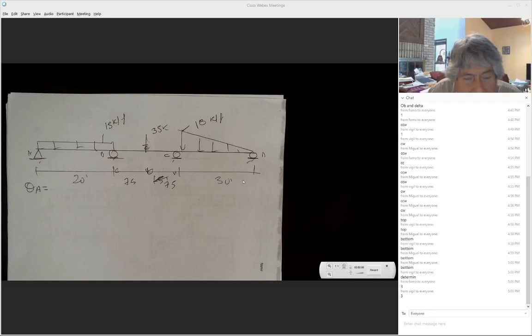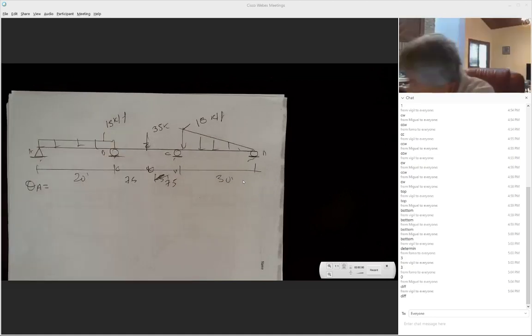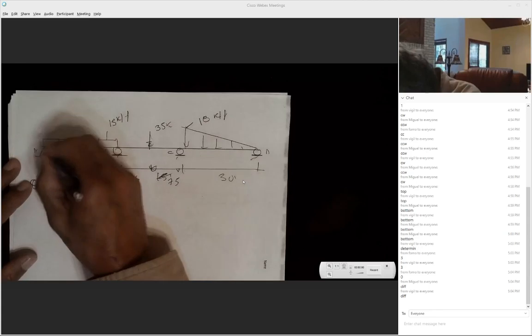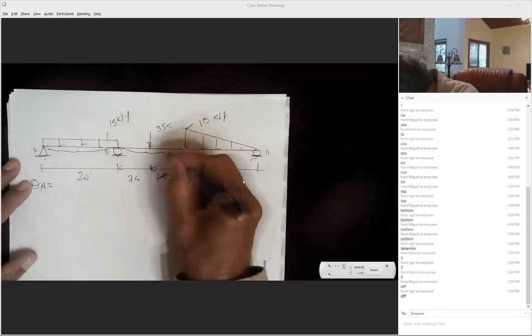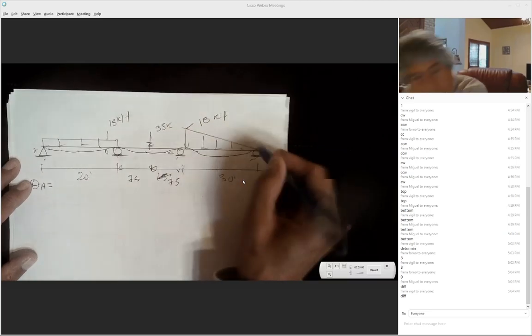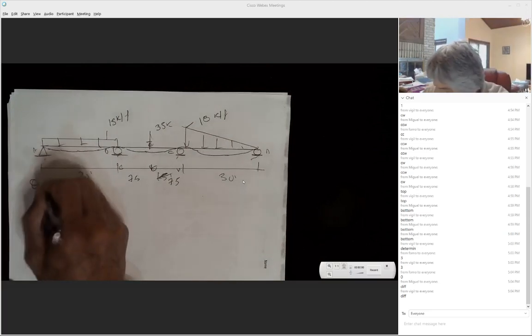Is theta A different than 0 or equal to 0? Different. There's going to be a rotation. This is going to form our deflected shape. Theta A different than 0.